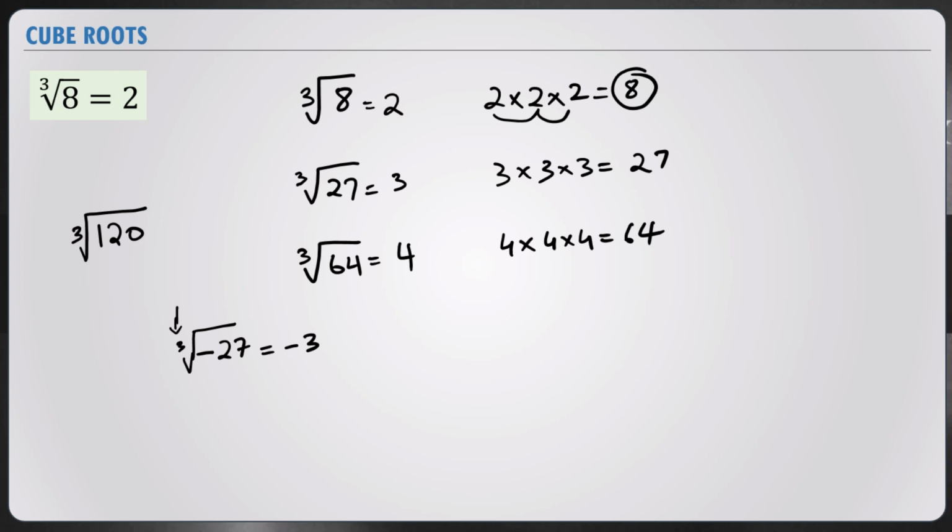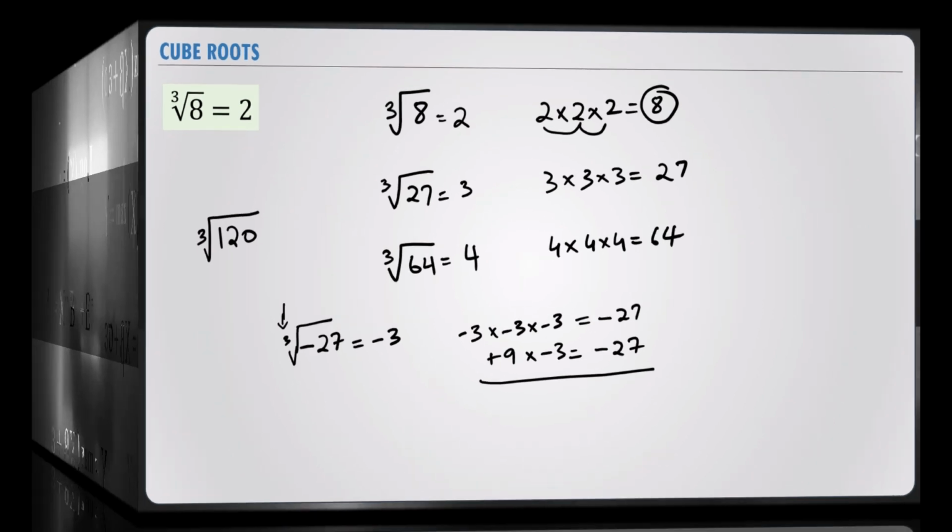That's because negative 3 into negative 3 into negative 3 is equal to negative 27. Let's prove this. Negative 3 into negative 3 gives me positive 9, into this negative 3 will give me negative 27. So that's the proof. Negative cube roots do exist. They are real numbers. So let's get into practice.